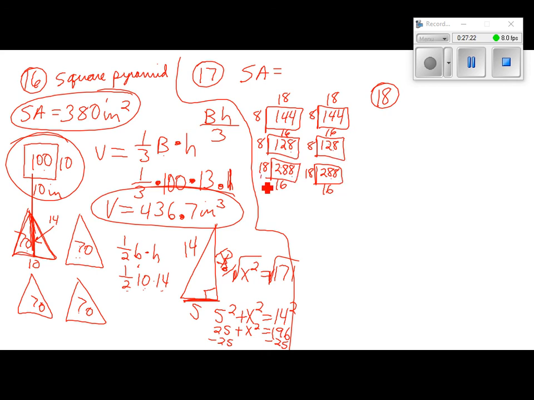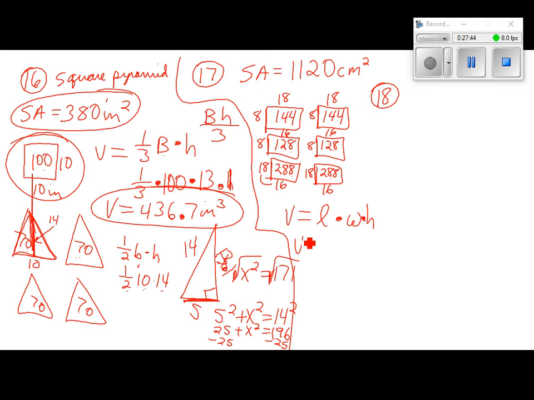Then to find your surface area, you add all those up and you end up with 1120. And our units on this one were centimeters, so it's centimeters squared. Then the volume's the easy one. It's just length times width times height for a rectangular prism.